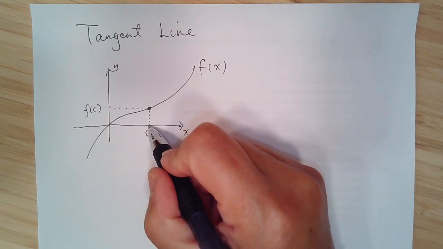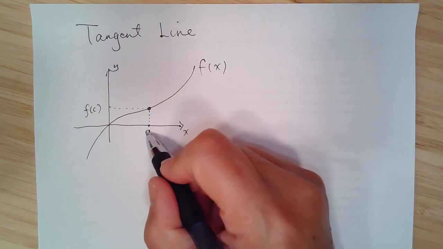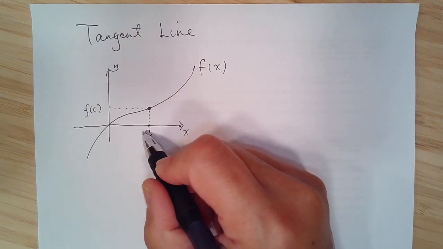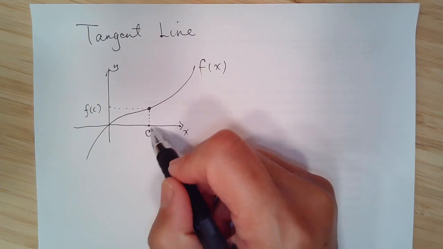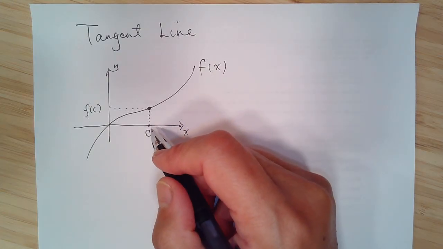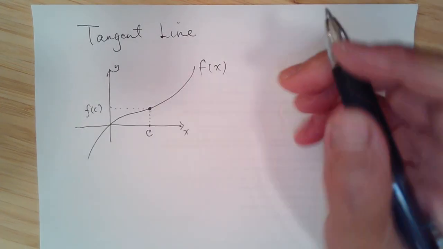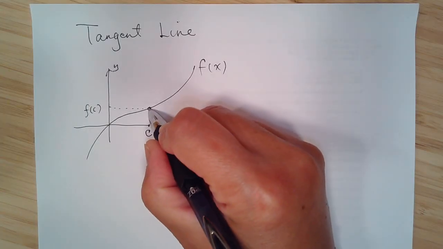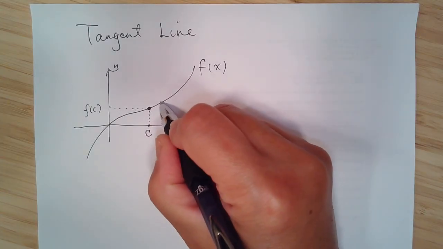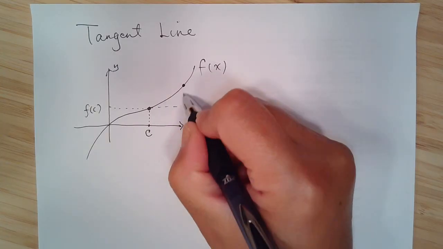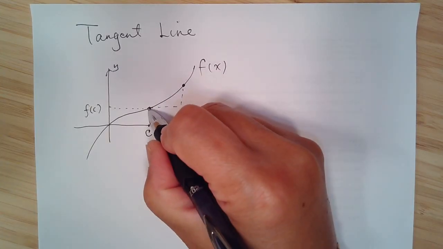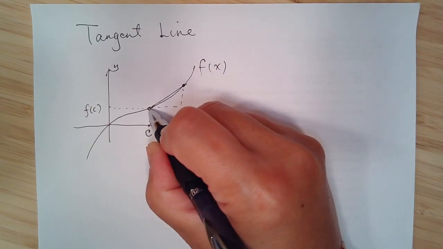So if C is in the domain, and this interval is in the domain, then we can find a tangent line. We can just put another point slightly more than that, okay? And then we can connect these two dots.